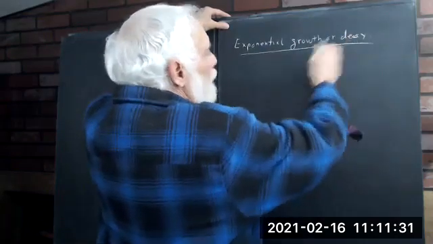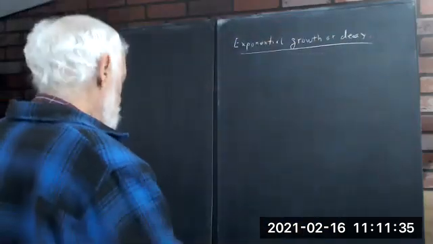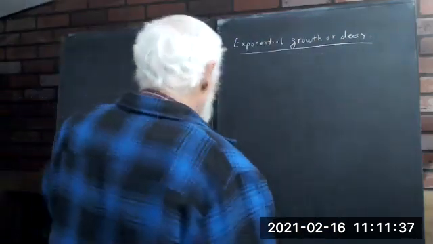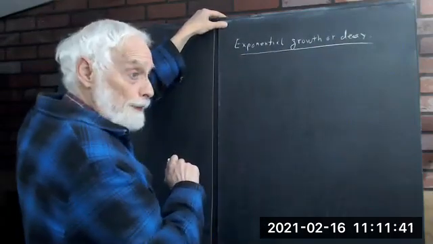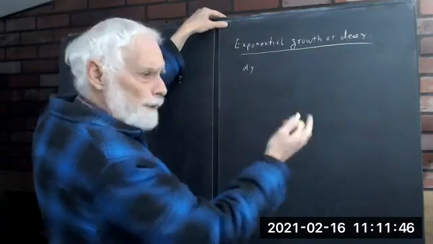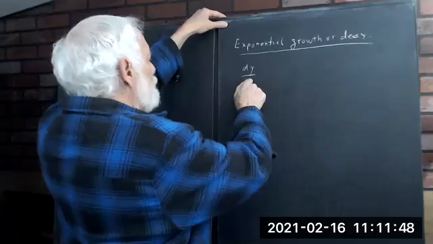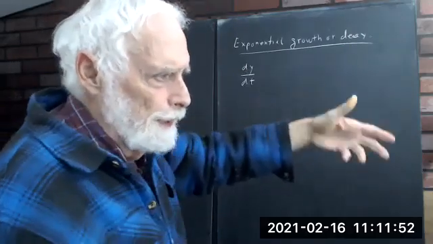Left a letter out of decay there, kind of slipped it in, it might be hard to read. Exponential growth or decay. The equation is always, until it gets modified, of course, dy dt equals ky. And often we're talking about something that grows or decays in time.